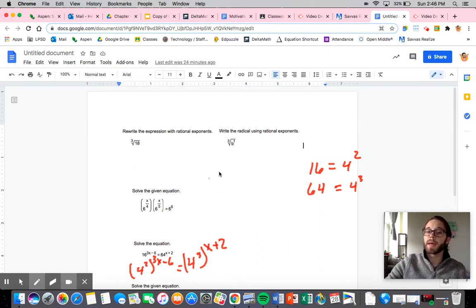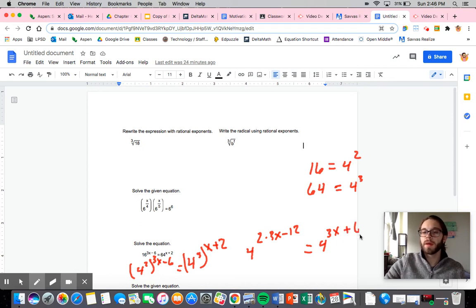So I can multiply these. So this would be the same as 4 to the 2 times 3x minus 2 times 12, which is 2 times 6, which is 12, right? And that's equal to 3 times x plus 6, all right?